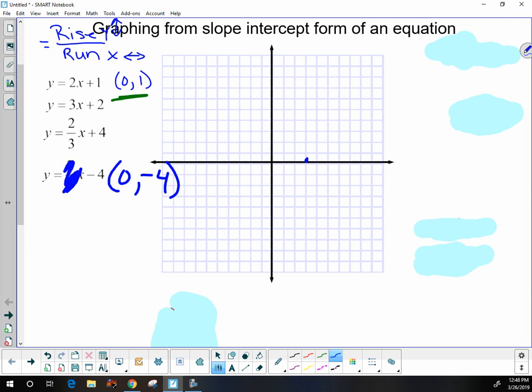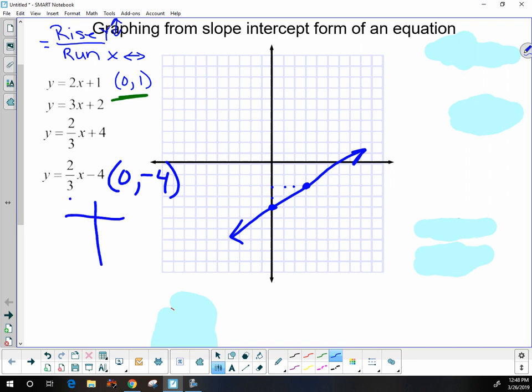The sign stays with that number. So now I'm down here where y is -4. From that -4, I'm going to go up 1, 2. I'm going to go over 1, 2, 3. And there is my point and my line.